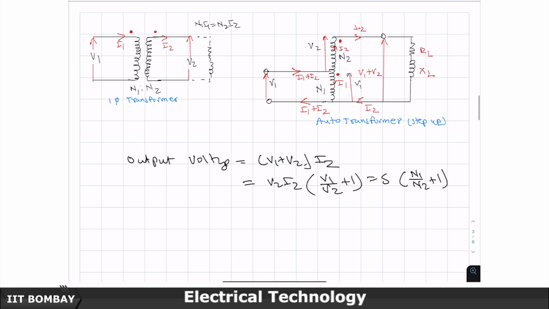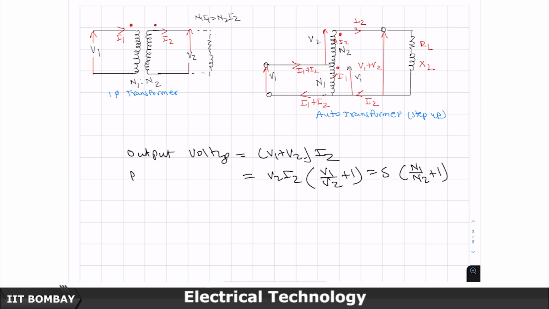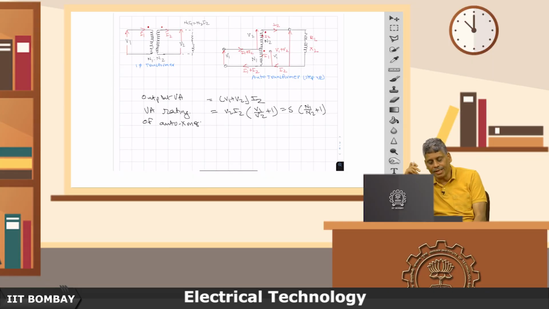So, you can see that the output VA rating of the auto transformer is increased by a scaling factor of 1 plus N1 by N2.